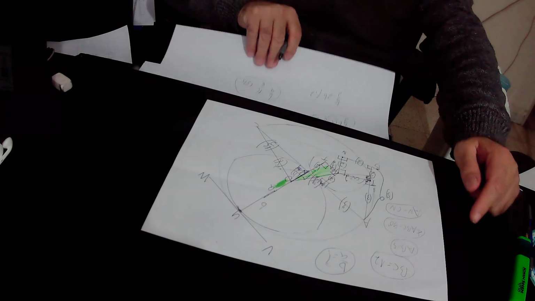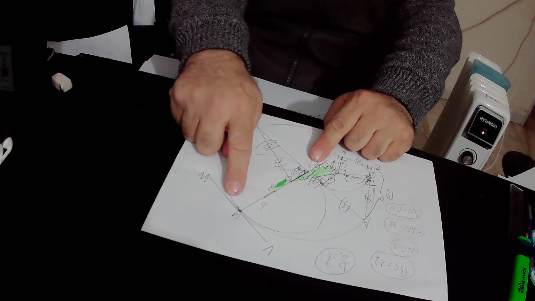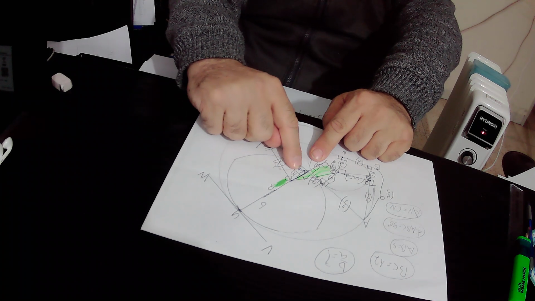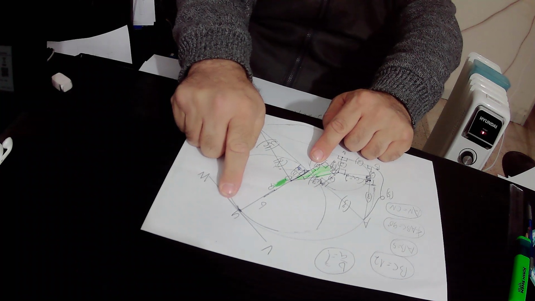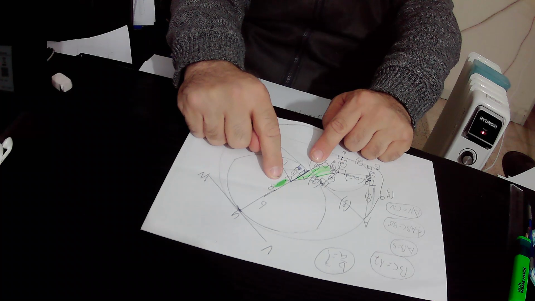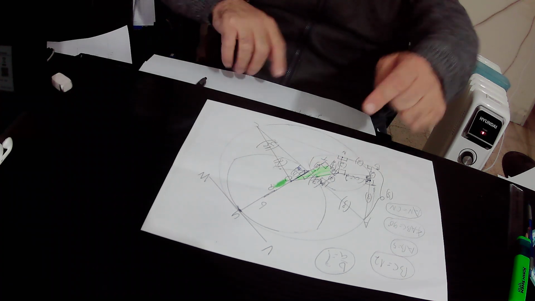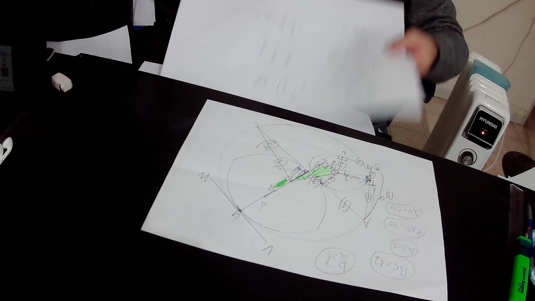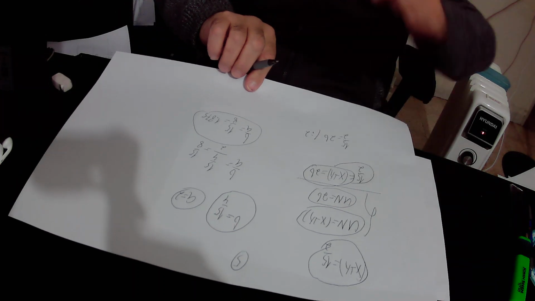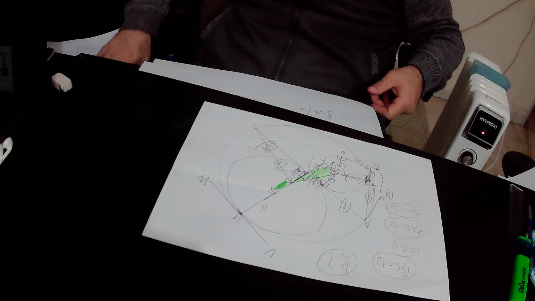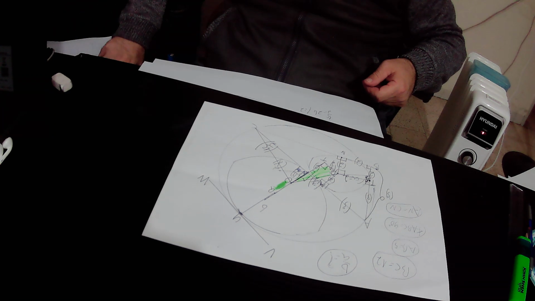What is the length of this line segment UN? UN equals UO plus ON. That is to say, UN equals UO, that is x, the radius of the biggest circle, plus ON, that is h. So in total, UN equals x plus h. So UN equals x plus h from one side, but from the other side, we have already found out that UN equals 2b.